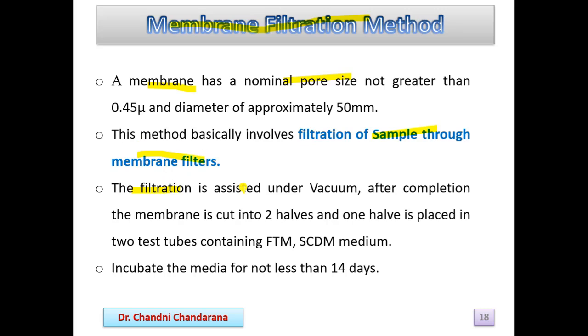The filtration is performed under vacuum, and after completion of filtration, the membrane is cut into two halves, and one half is placed in each of two test tubes containing FTM, fluid thioglycolate medium, and soybean casein digest medium. After that, we incubate the media for not less than 14 days.